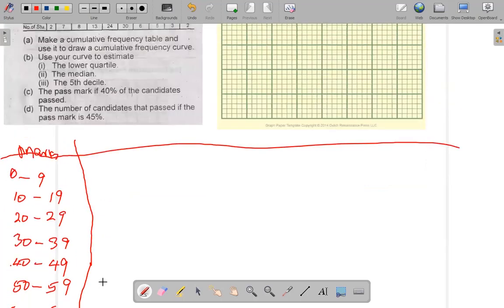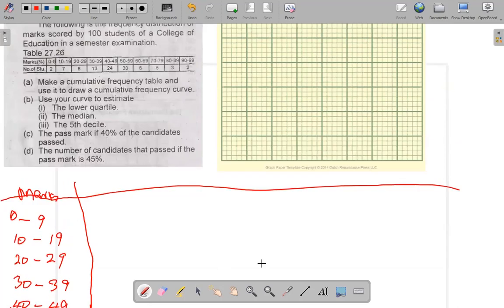And we need to get the class boundary for each of them. The class boundary is 0 to 9.5. This is the class boundary.